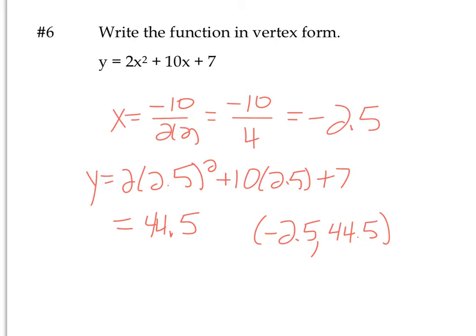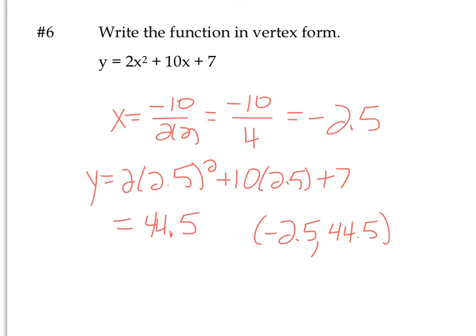Okay, well that's going to be a little different from what we see here. This equation here is standard form, right? If you recall, vertex form is y equals a times parentheses x minus h squared plus k. So now we can take the h and k values we have from our vertex and put them into vertex form.